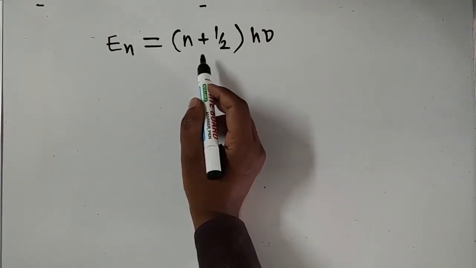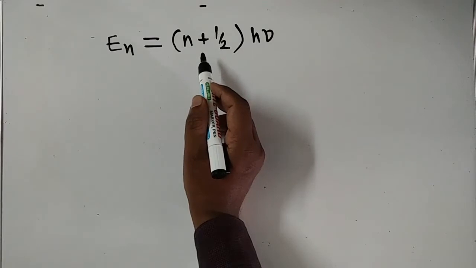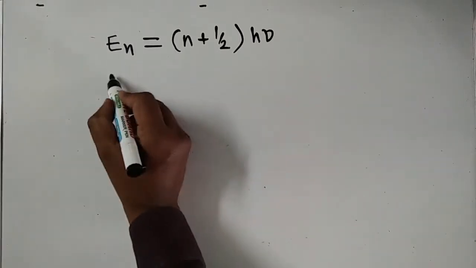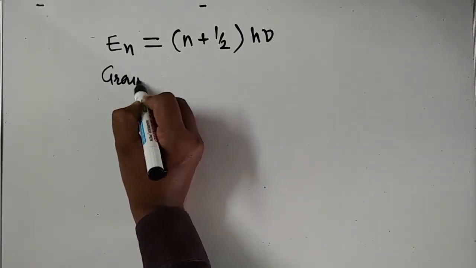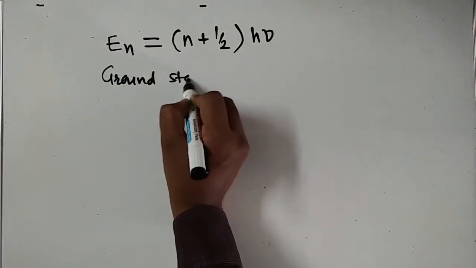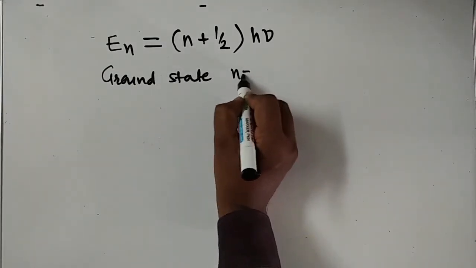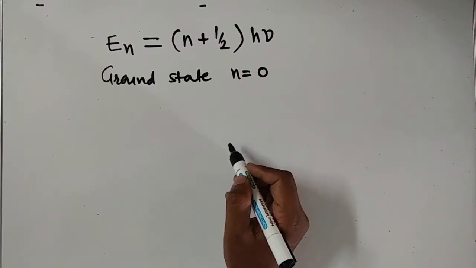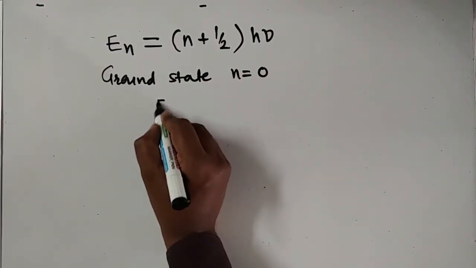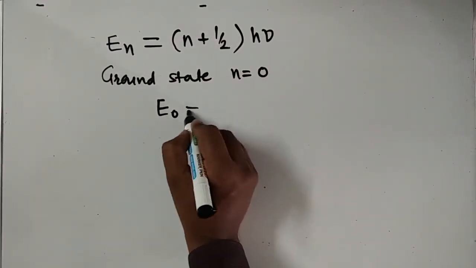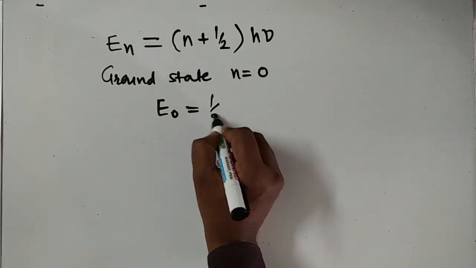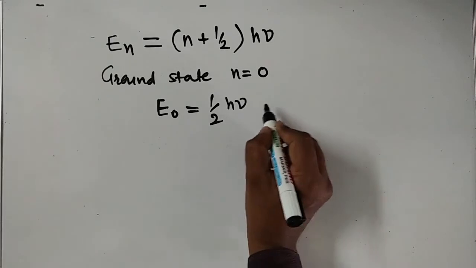So the ground state energy for the molecule is given by, for the ground state, the quantum number n will be equal to 0, and therefore ground state energy will be equal to E0, and that will be equal to, by putting the value 0 here, right. So we get 1/2 h nu, right.